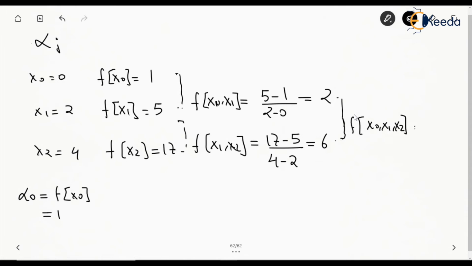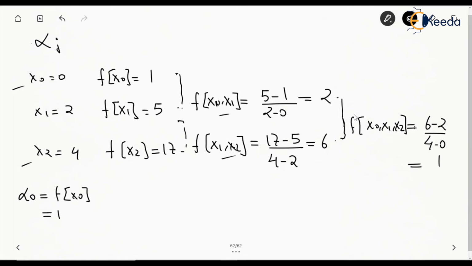This is f of x1 x2 minus f of x naught x1. So this is 6 minus 2 divided by x2 minus x naught, so this is 4 minus 0, and this is going to be 1.